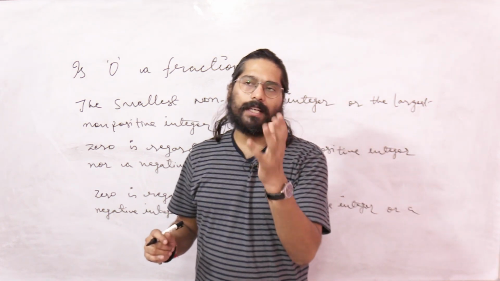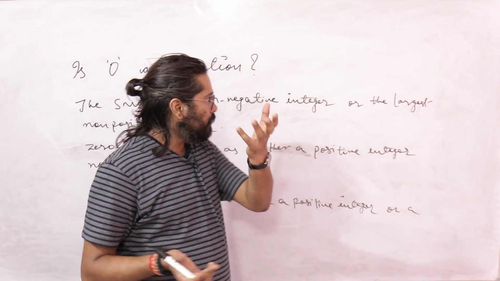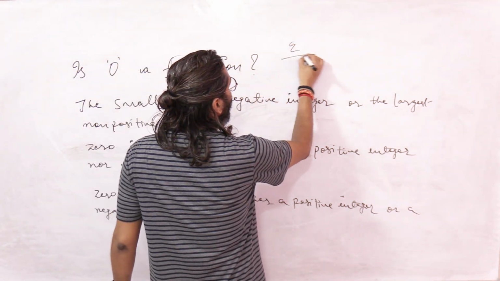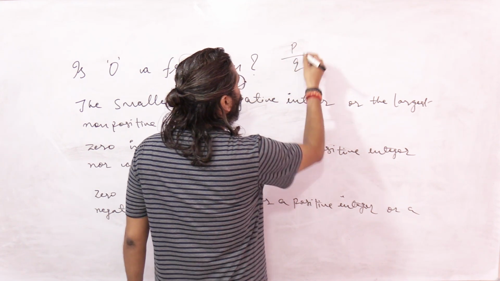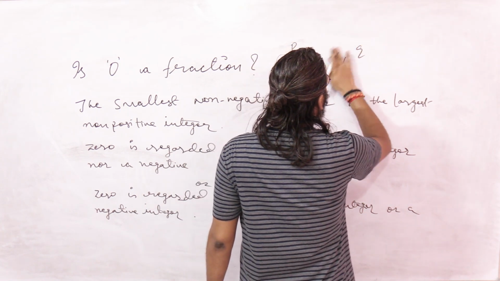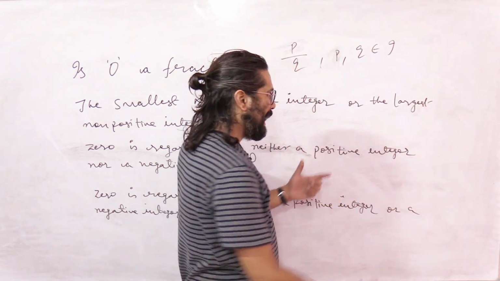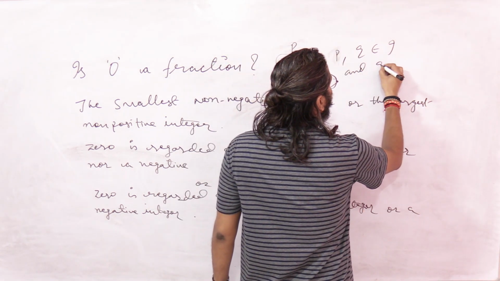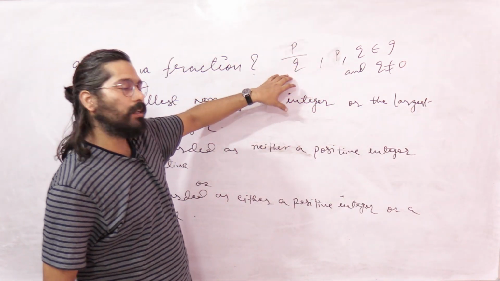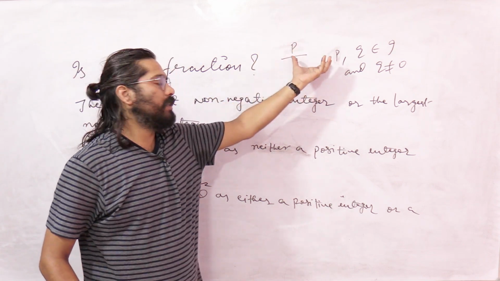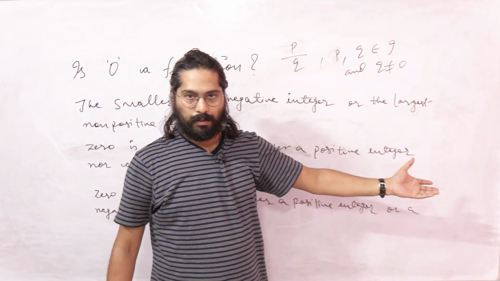So many of you might think, okay, 0 is an integer, so it is a rational number, and a rational number is always of the form p by q, where p and q belong to integers, and q is not equal to 0, that is, the denominator is not equal to 0. Otherwise, if the denominator q is equal to 0, this whole rational number is basically undefined. The denominator can't be 0, right?